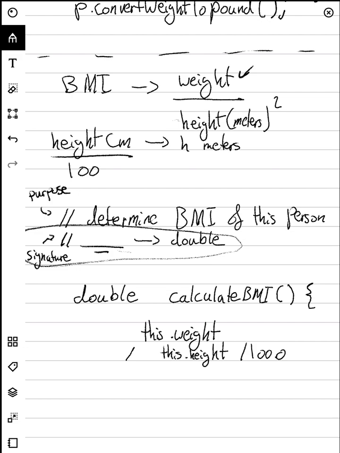And since it's a double, we need to do 100.0. Like this. I think so. But it has to be times height again, because this is squared too. Exactly. So we'll add another brace and we'll multiply it by itself again. This dot height divided by 100. Close that bracket here.